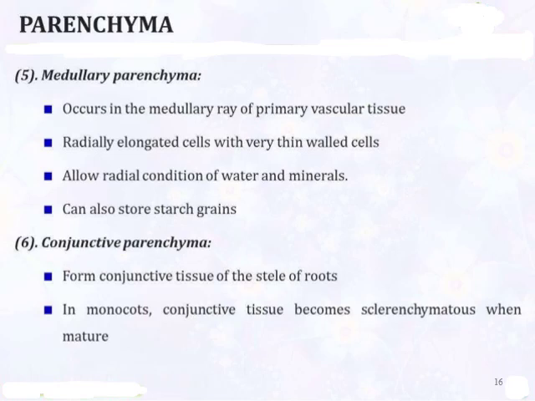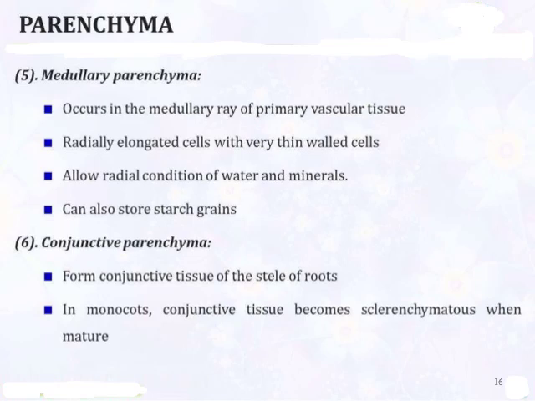Next we have conjunctive parenchyma. The conjunctive parenchyma is basically present between xylem and phloem in vascular bundles of fruit. Those parenchyma that are present between xylem and phloem in a vascular bundle are referred to as conjunctive tissue.